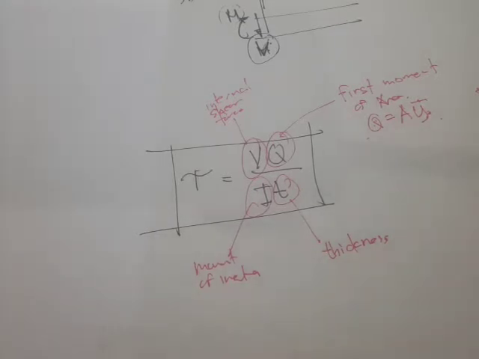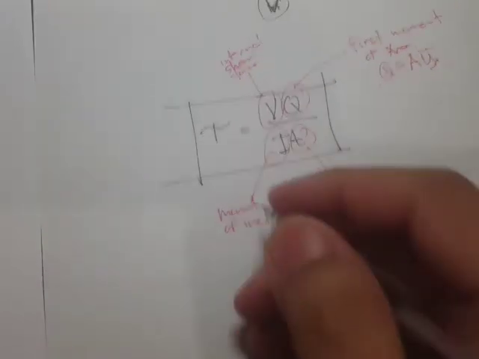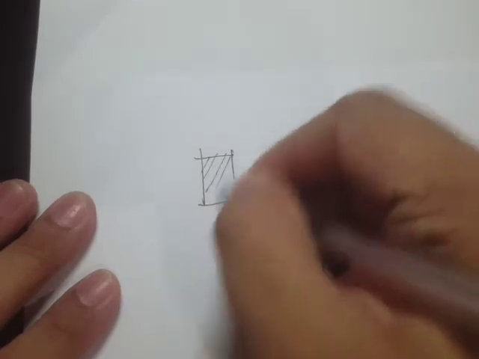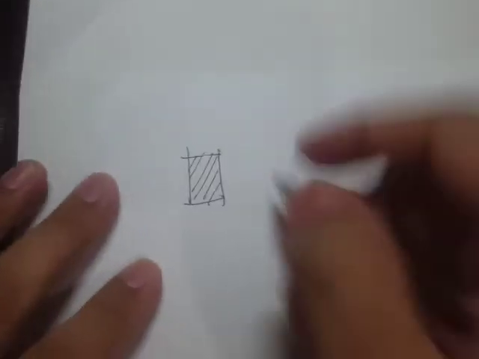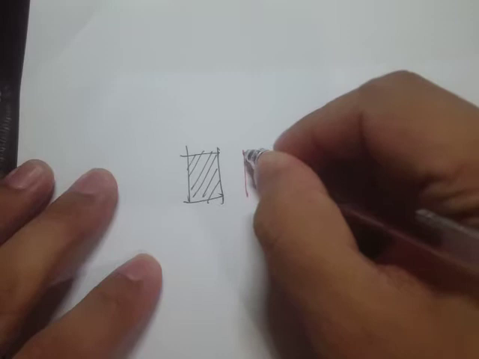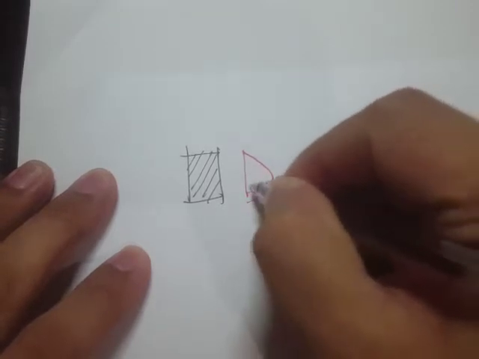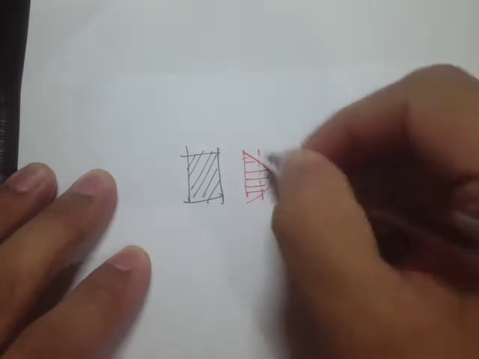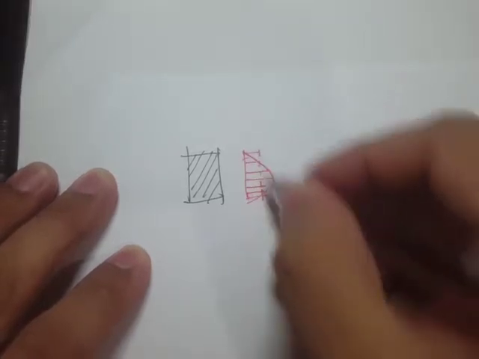Regarding the shear max, I have included in our lecture handouts the shear maximum of different shapes. For example, for a rectangular shape, the shear stress profile would be parabolic, and we have this average stress in the hidden lines.